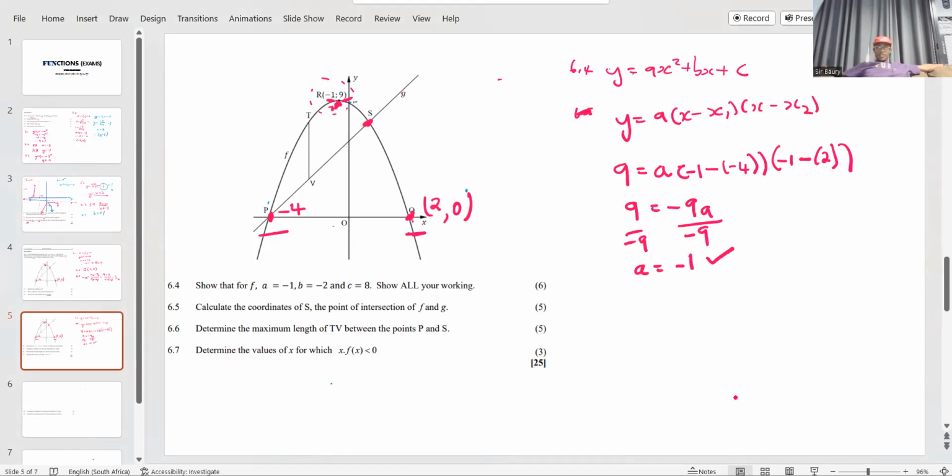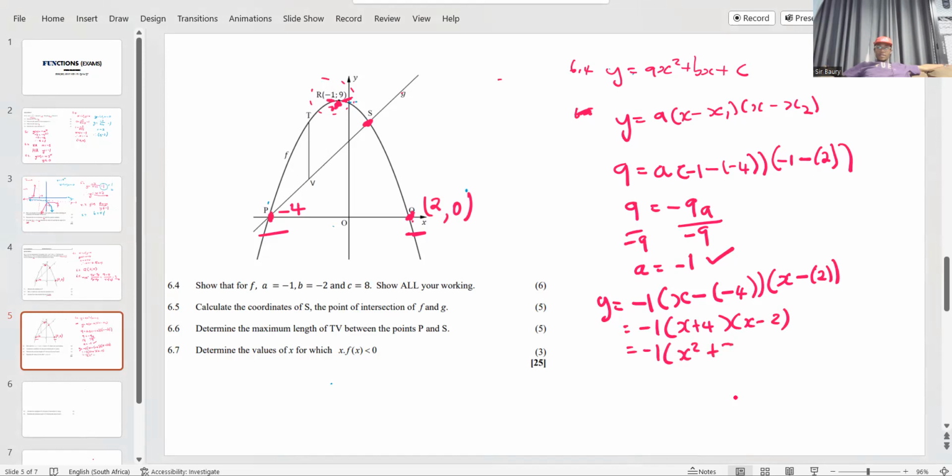So going back to the equation, y is equal to -1, then (x minus -4), we use the intercepts again, then (x minus 2). So when I break this down, I'm going to have (x plus 4)(x minus 2), x squared plus 2x minus 8.